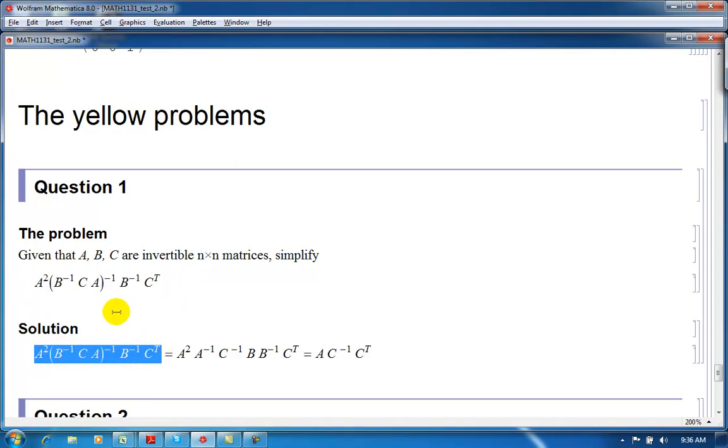Now if we look at this bit here, the inverse of B^-1 C A^-1 is equal to A C^-1 B. And we can see that we've got a B times B^-1 here, so that's just the unit matrix, and we've got A times A times A^-1, so that's just A. And so we can make those simplifications, so the answer is A times the inverse of C times C transpose, and we can't do any better than that.